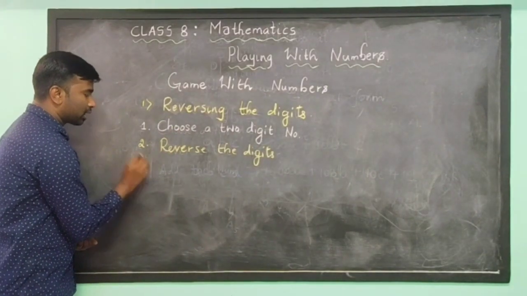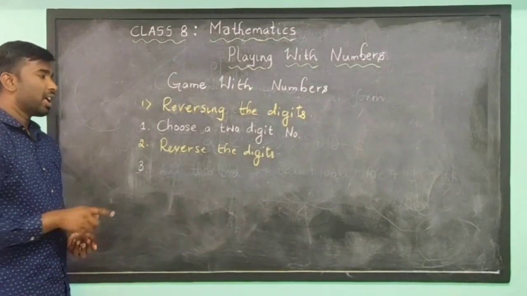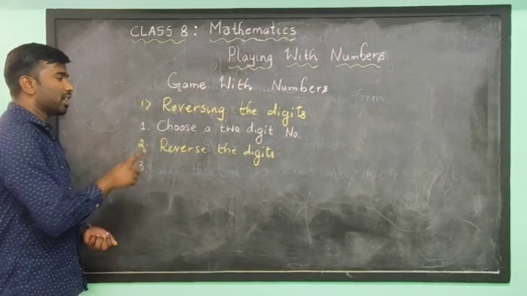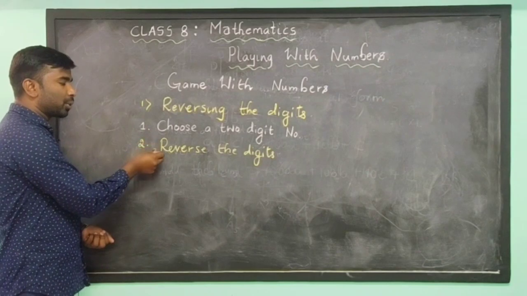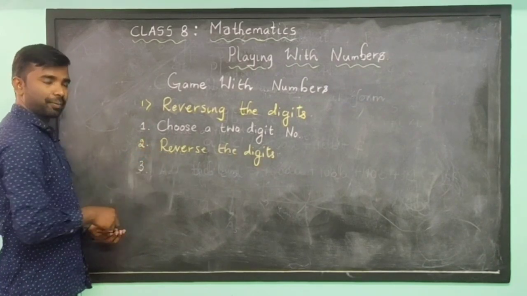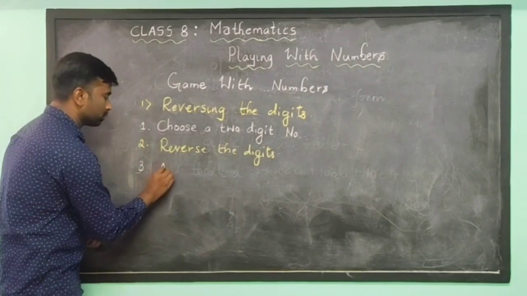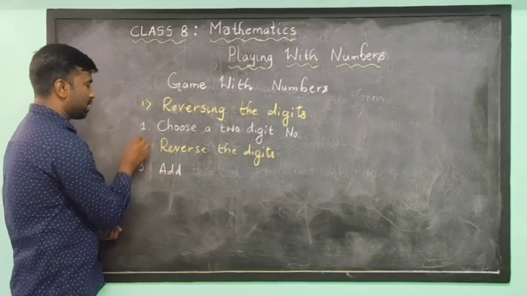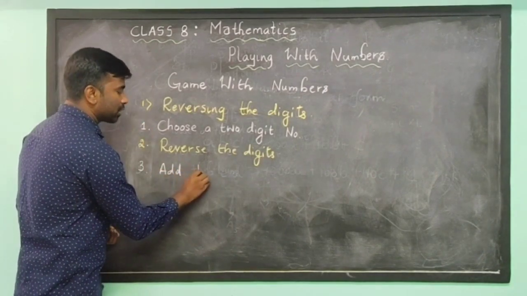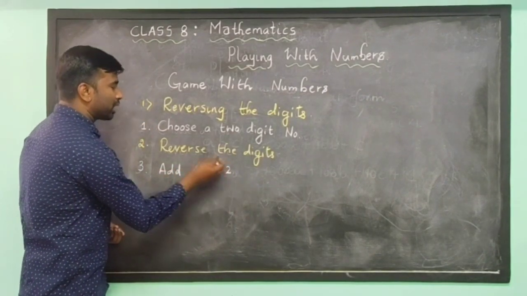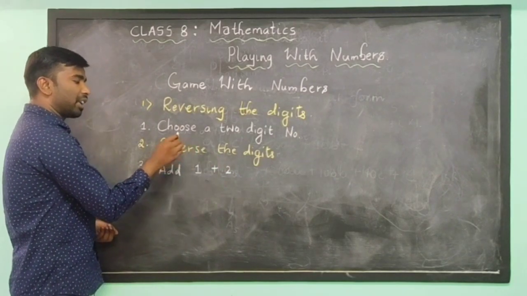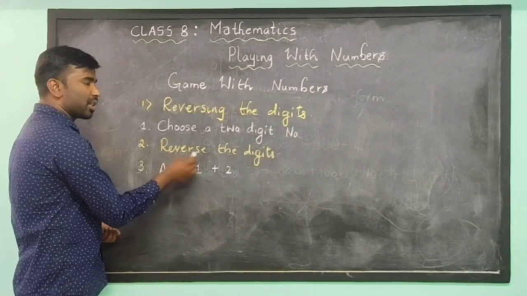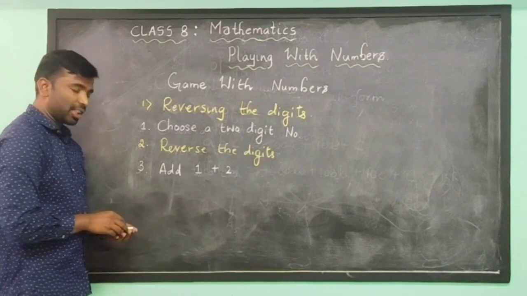Now, the third step is add the first number to the reversed number. Add the number you have chosen and the reversed number.